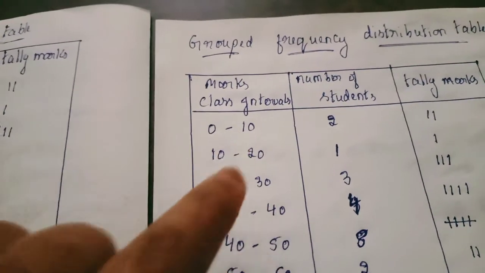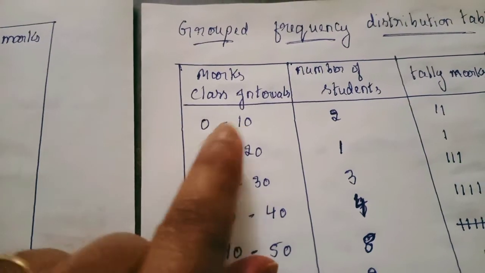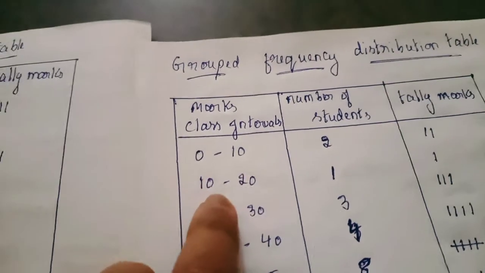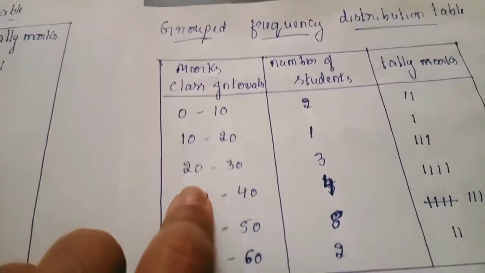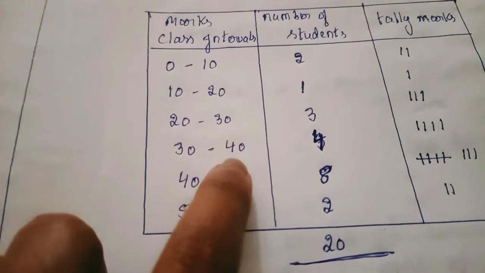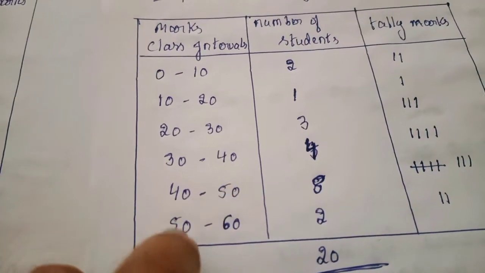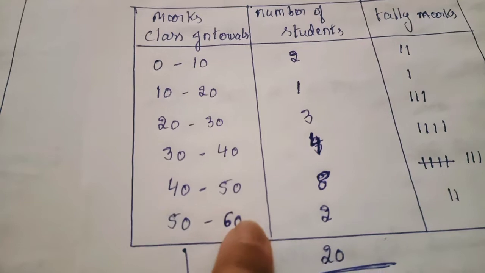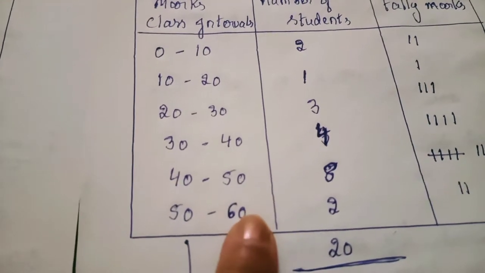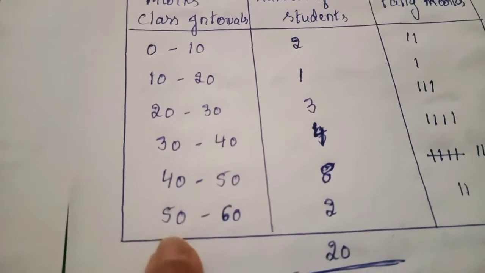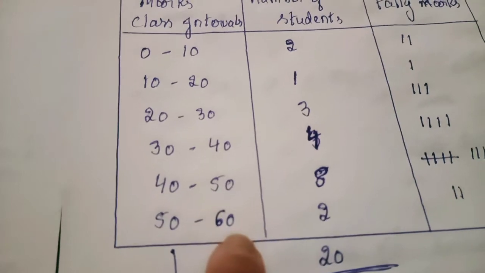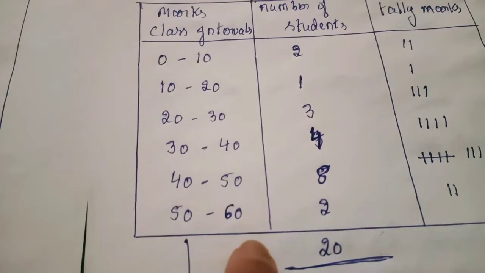So let me start with 0: 0 to 10, 10 to 20, 20 to 30, 30 to 40, 40 to 50 and 50 to 60. Just now I told you the maximum observation is 50, then why did I take till 60? Let me explain that now.